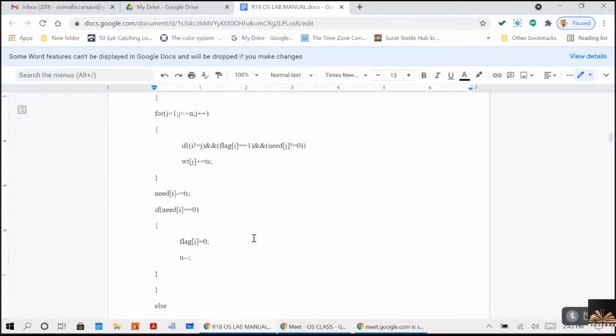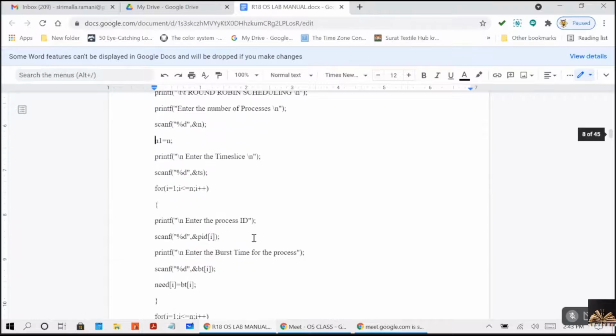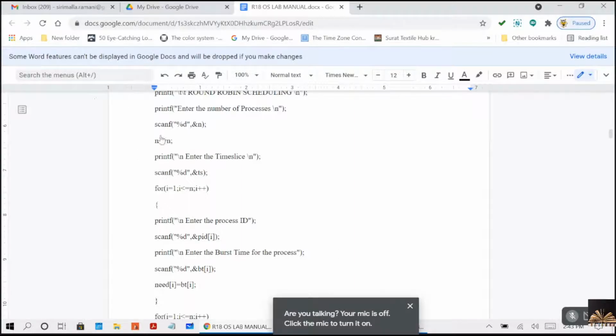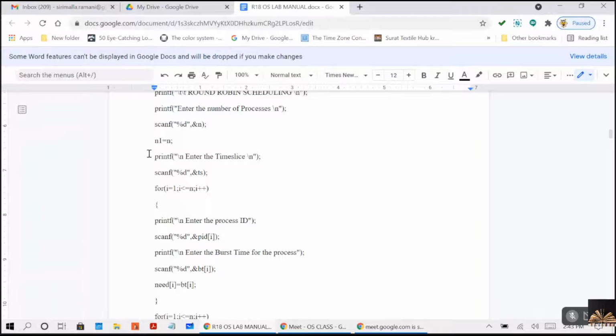So initially what I'm doing is entering the number of jobs, this is the same, right? And N1 is also equal to the number of jobs only. I am using this N1 while calculating the average waiting time and the average turnaround time.